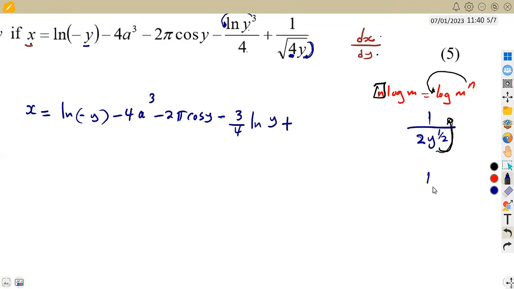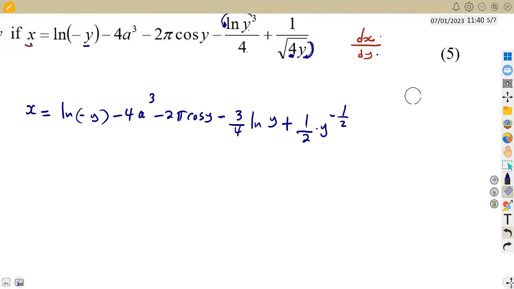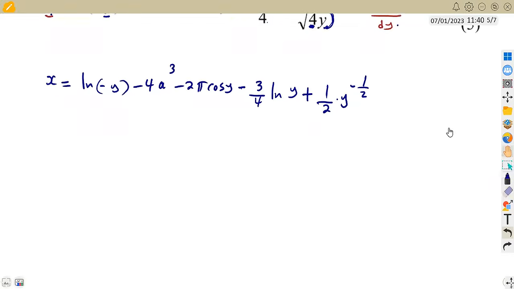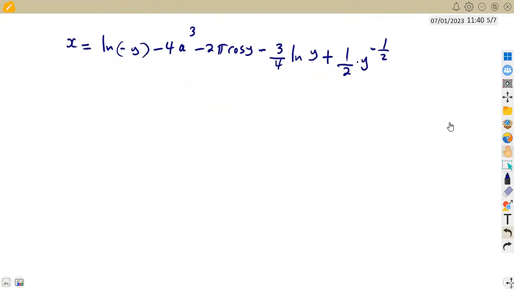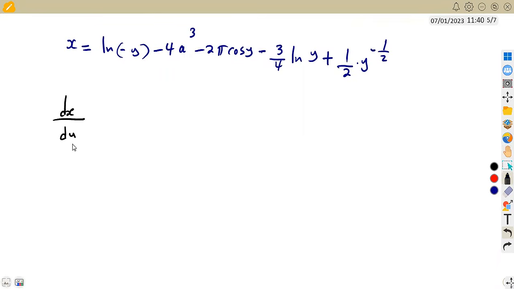So that means we're going to have 1 over 2 times y to the exponent of a negative half on top. So that is what you're going to have here, 1 over 2 times y to the exponent of a negative half. So like I said, this part we haven't started differentiating. We're just rewriting in a way that we can be able to differentiate. Now we have got x and y that we can properly see. So we can find the derivative of x with respect to y in this case.